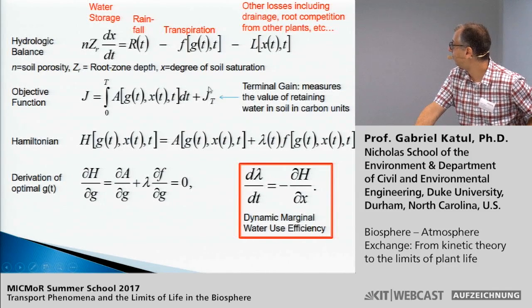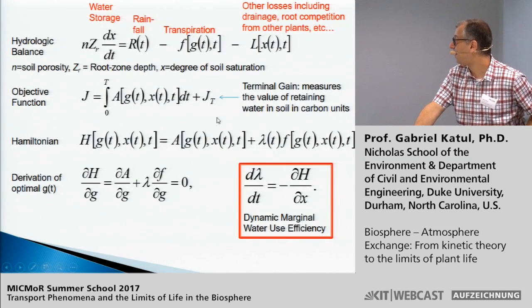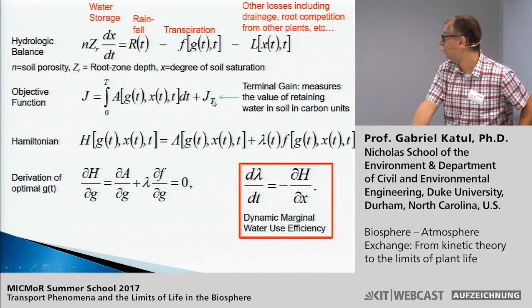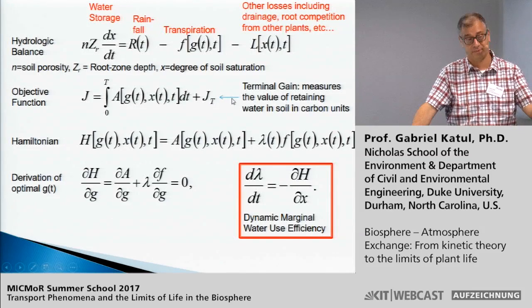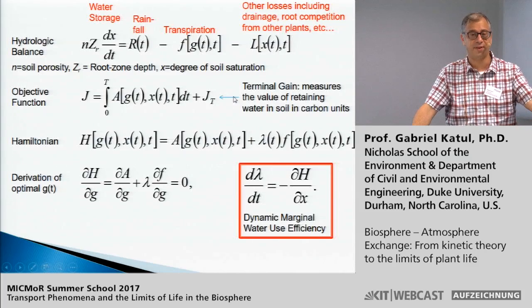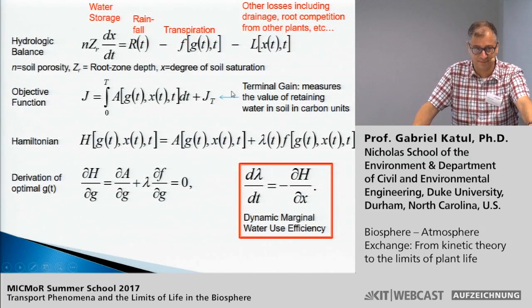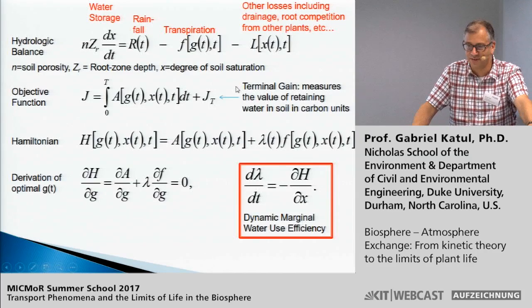And that is often referred to as the terminal gain. And in fact, for our purposes, this terminal gain is basically telling us what is the value of this water that you will leave in the rooting zone in carbon units, if you want an ecological interpretation. So if a plant is aggressively using water, it doesn't care about leaving any water in the rooting zone.